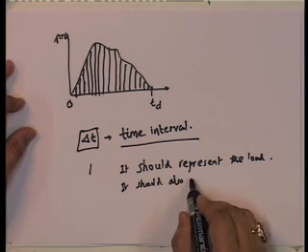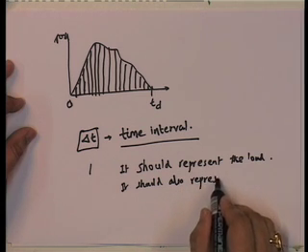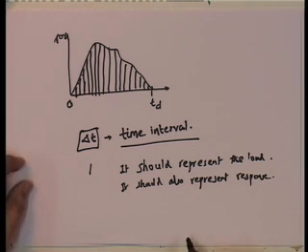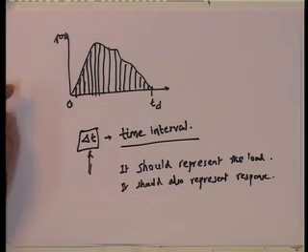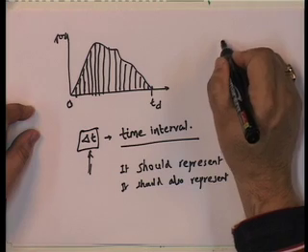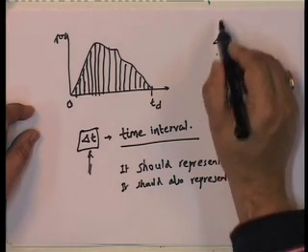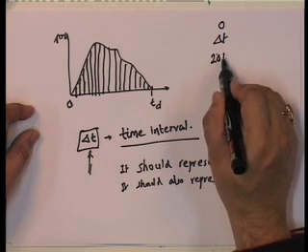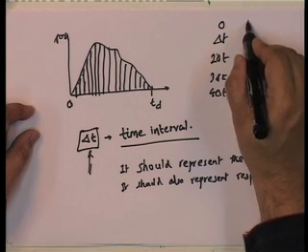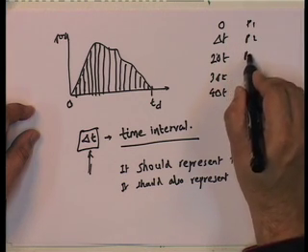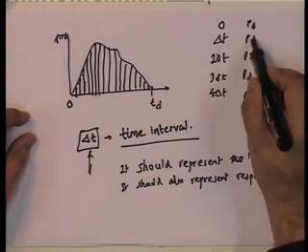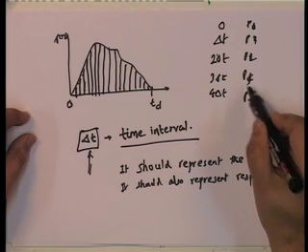So, one thing about delta t is that it should represent the load properly, and it should also represent the response. Therefore, delta t is typically taken in such a way that it represents both the load and the response. At 0, delta t, 2 delta t, 3 delta t, 4 delta t, what you have is P 1, P 2, P 3, P 4, P 5, or you can call these P 0, P 1, P 2, P 3, P 4.